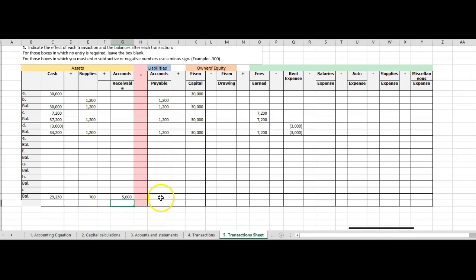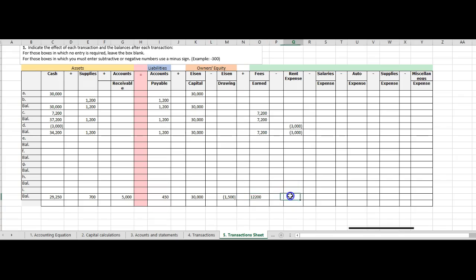Your accounts payable is going to be 450. Your capital is going to be 30,000. Your draw is going to be a negative 1,500. Your fees earned are going to be 12,200.